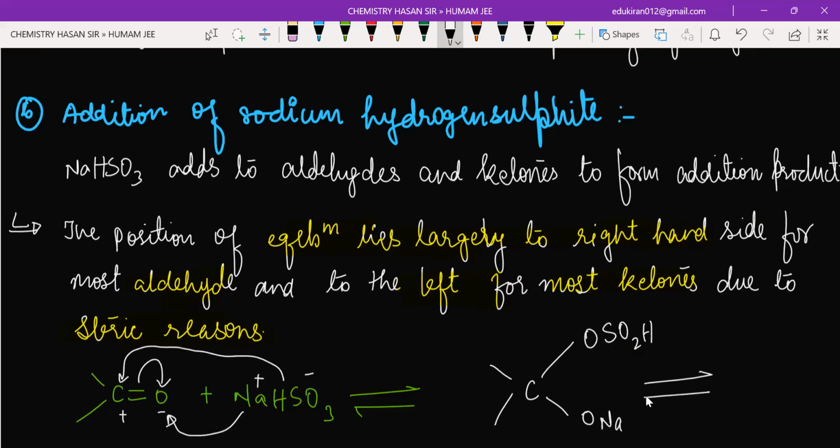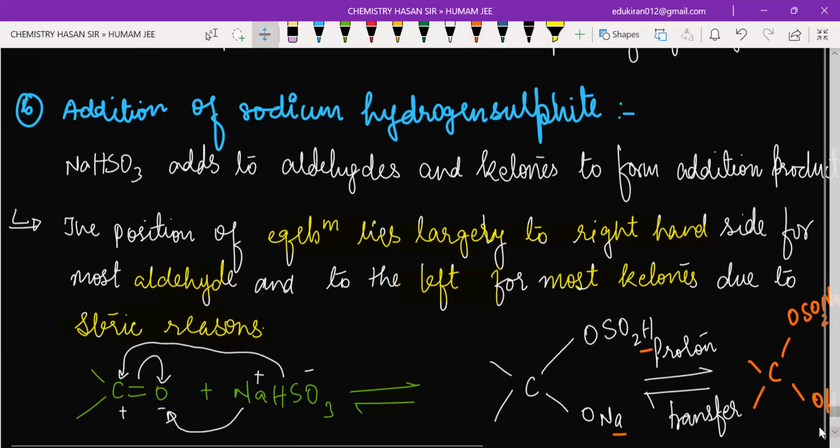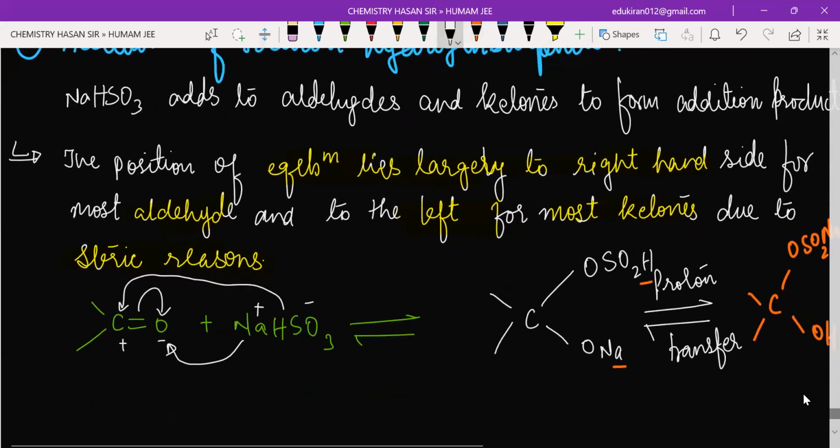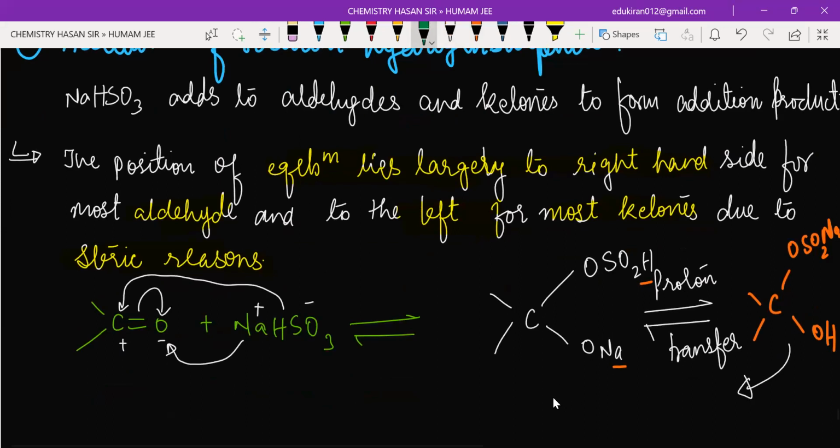And then in the next step, we are going to do proton transfer. That means hydrogen will replace this Na, and you will get OSO2Na, and here it becomes OH, and the rest will be as it is. And this has a name, bisulfite addition compound, and it is crystalline in nature.